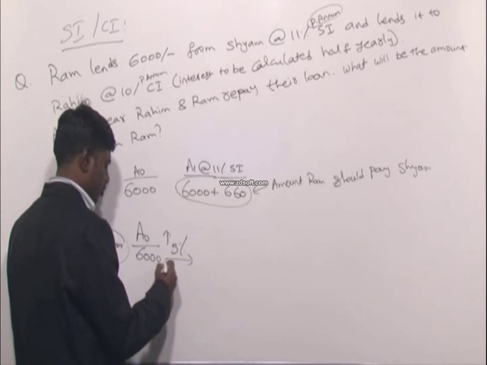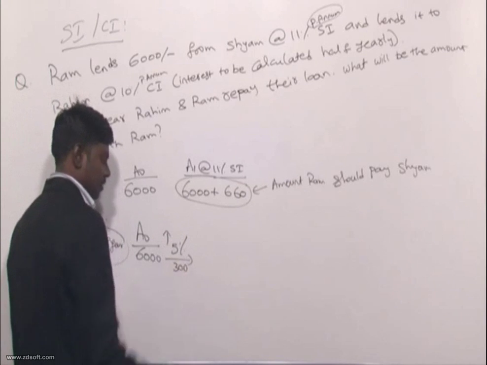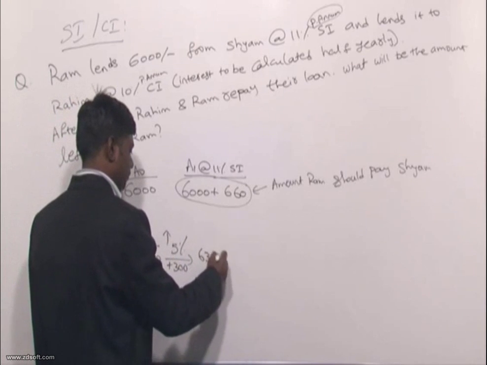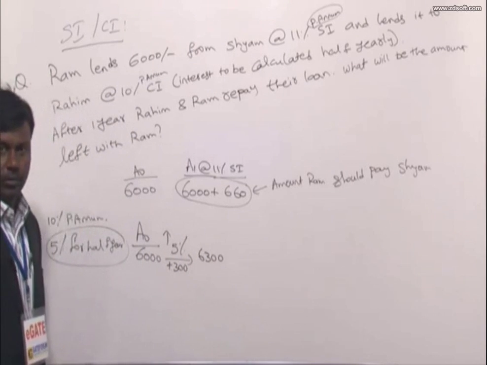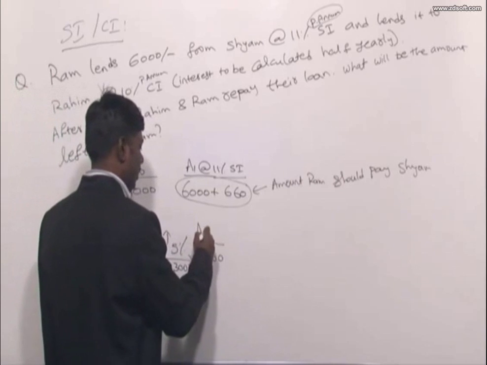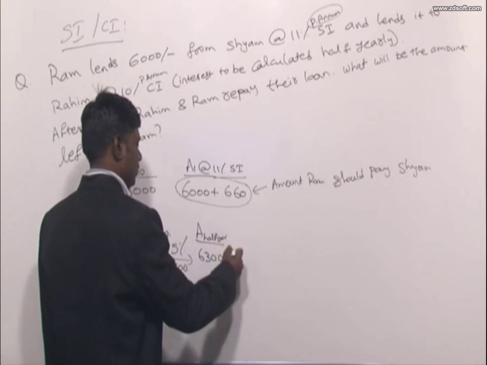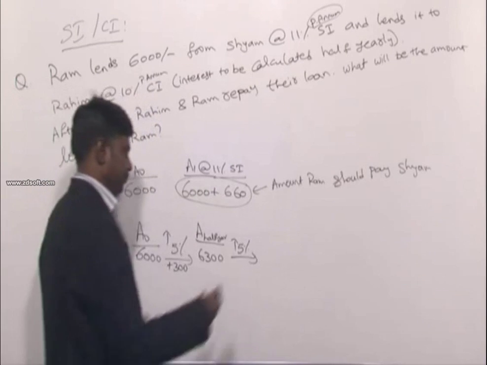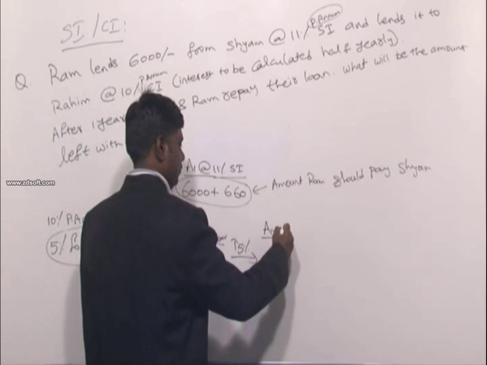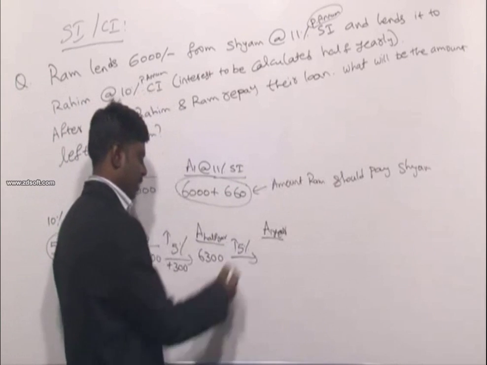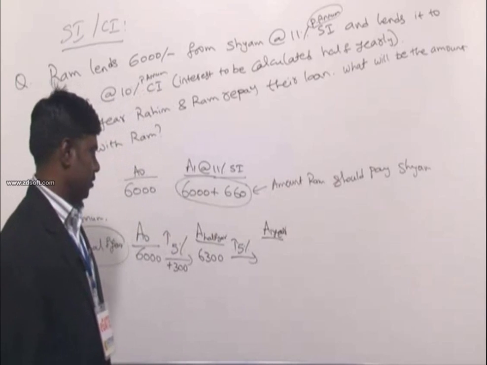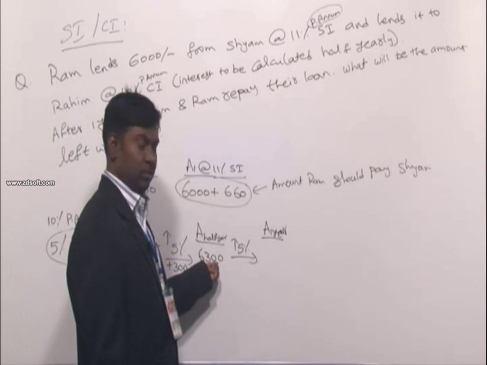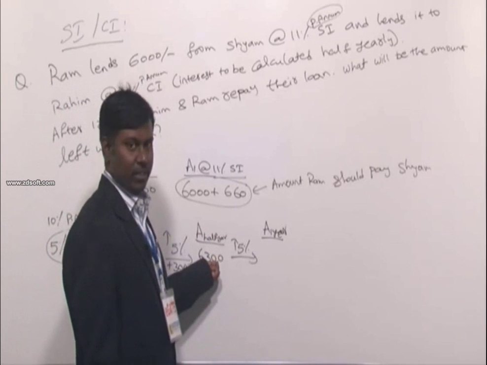5%, now how much are you going to get? 300, right? 5% is 300. So 6,300 is the amount after half year. If you do it again, you are going to get the amount after 1 year. 5% of 6,000, we have already done 300, right? 5% of 300. 10% of 300 is 30, 5% is 15.